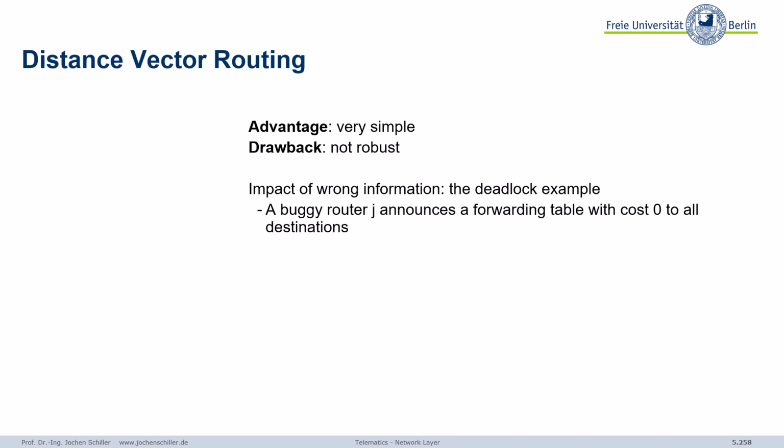That's one thing. And this results in nearly all the traffic being routed via this router, and the network collapses. So that's one of the problems of distance vector, because we believe in good news and say, oh okay, cost 0, that's great. So this is really a short path.